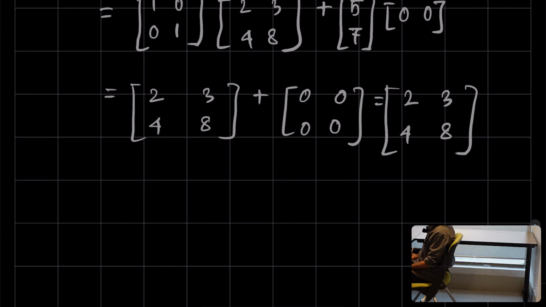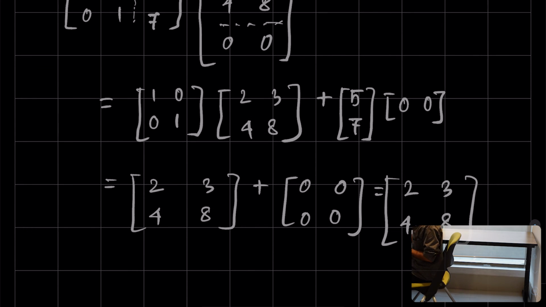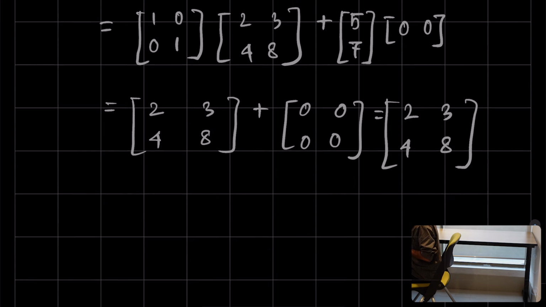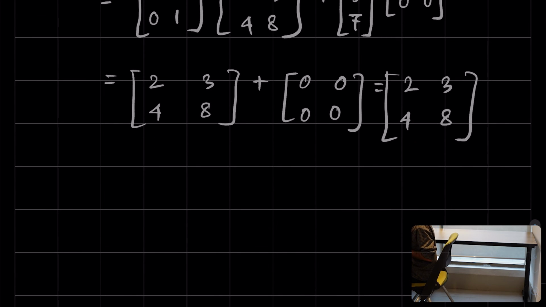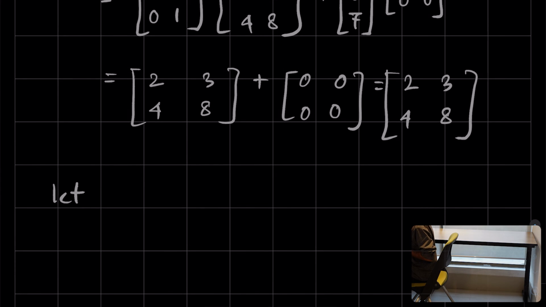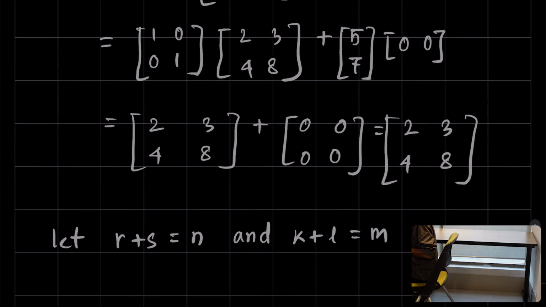But it is also possible to decompose a matrix not just in this fashion. I can decompose it into several parts. For that, let us consider r plus s is equal to the number n, and k plus l is equal to m.